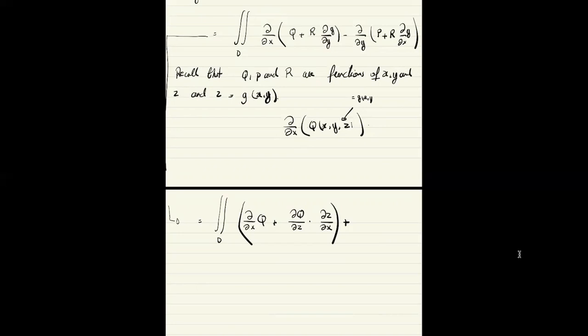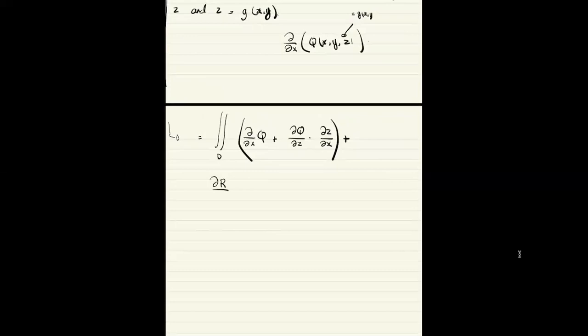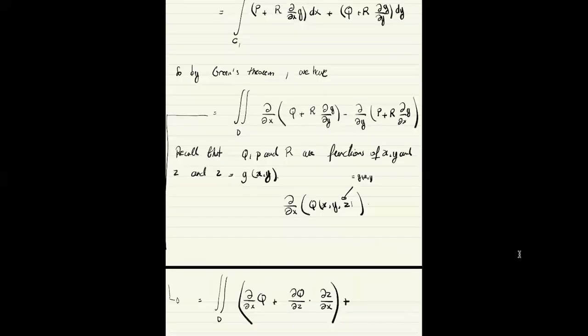So you do this calculation, and it will give you the partial derivative of R with respect to x, dg/dy, plus now I'm applying the same thing for R, dz, dz/dx, plus R. Now I'm going to the other one.